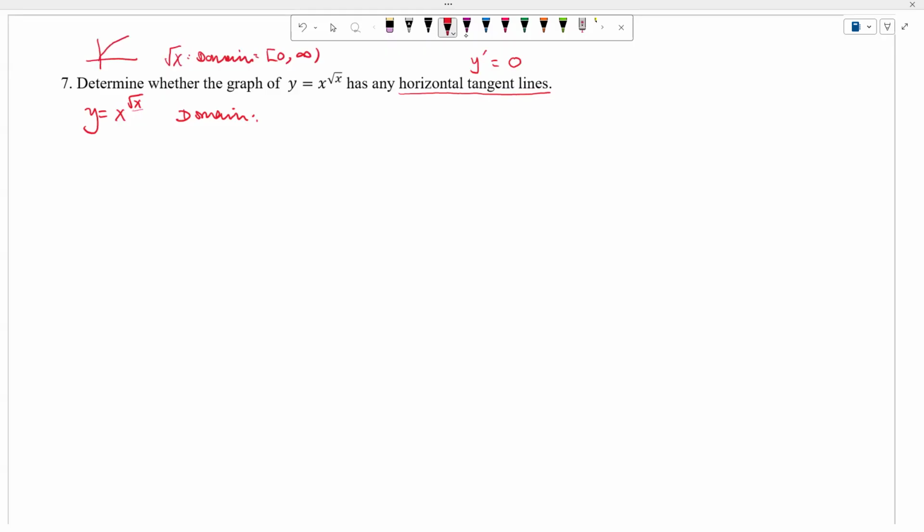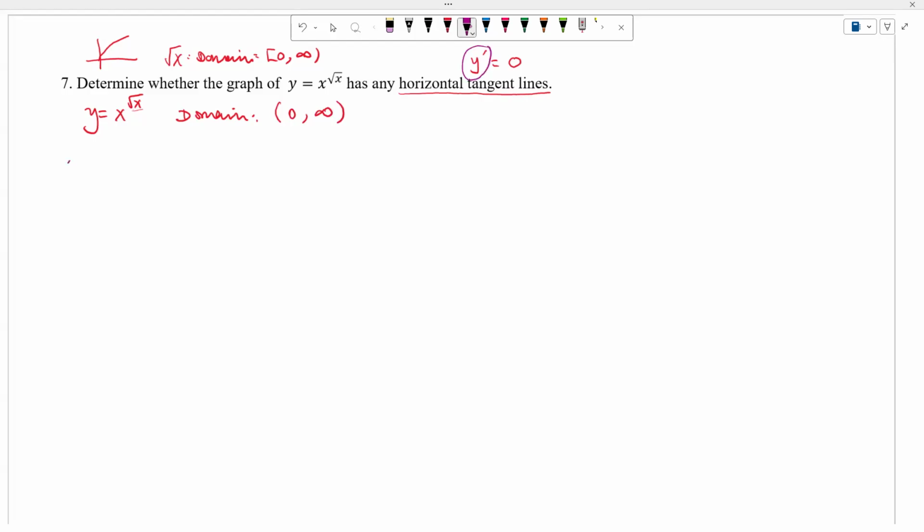However, if x equal to 0, then I have 0 raised to the power of 0, which is undefined. So therefore, the domain of this function y will be from 0 to infinity. Then now, let's see how we find y prime.